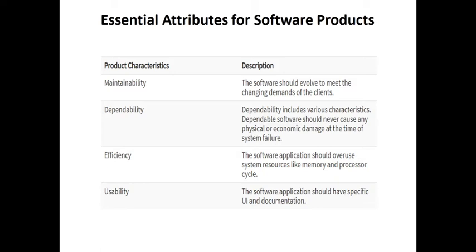If it is ISI marked, it increases your satisfaction and confidence in that product. It is properly tested, right? And it is going to work properly. It is not going to prove fatal or dangerous at all, right? So this is what quality is.